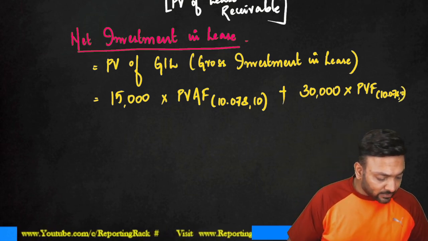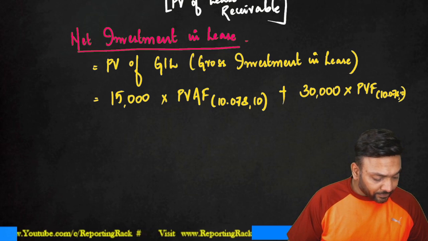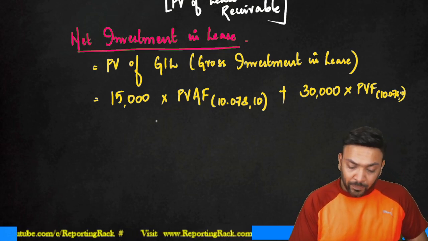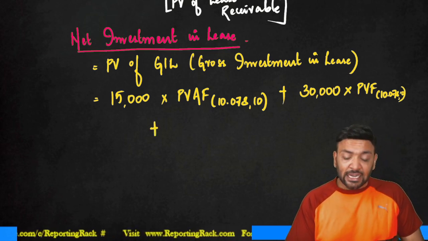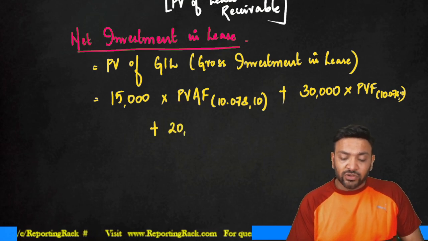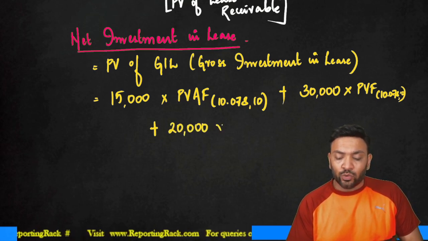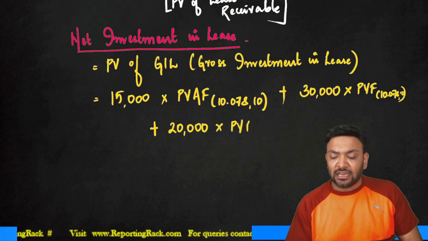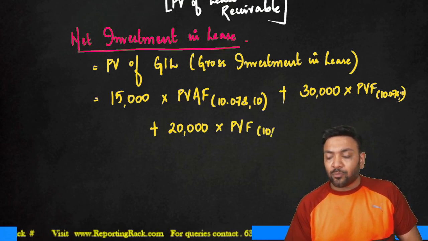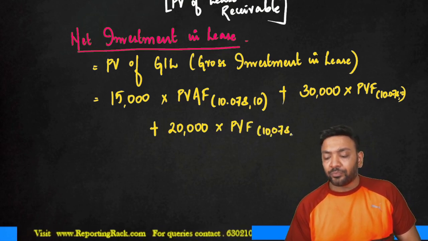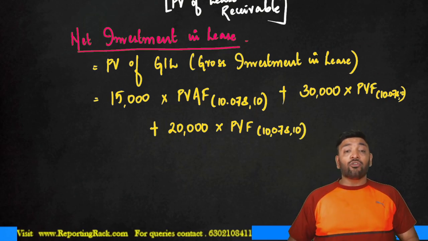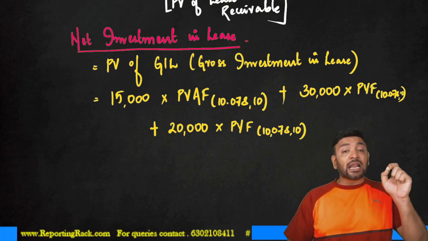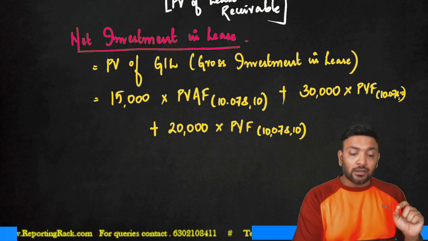Calculate and check. Plus unguaranteed residual value, which is 20,000 into present value factor 10.078%, 10. Guys, if you observe, only for 15,000 I have taken the annuity factor, correct?